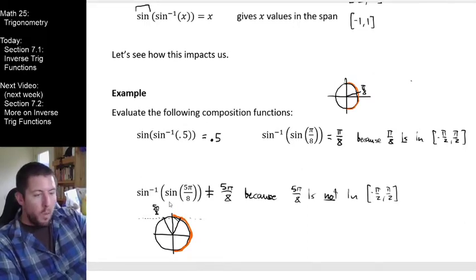Where should this be? Well, I know that this is 4 pi eighths up at the top, also known as pi over 2. So if this one was 1 pi eighth further, this one should be 1 pi eighth previous right here. It looks like 3 pi eighths has the exact same sine value as 5 pi eighths, but it is within our acceptable range of outputs from the sine inverse function. So it looks like we're going to get 3 pi eighths. And the reason that this works is because sine of 5 pi eighths is equal to sine of 3 pi eighths.